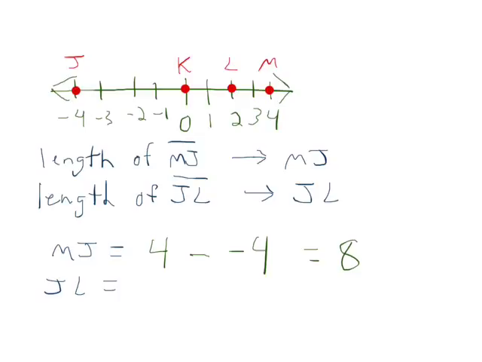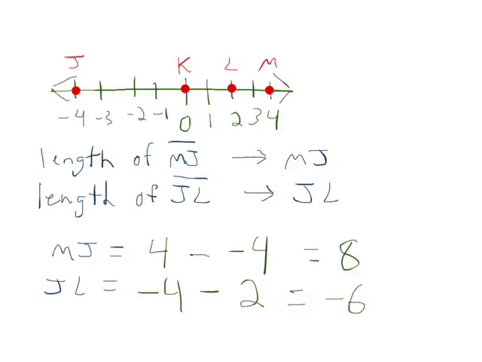And that's it. If we looked at the length of JL, the coordinate of J is -4, and then we subtract the other point, the coordinate of L, which is 2. -4 minus 2 is going to give me -6.